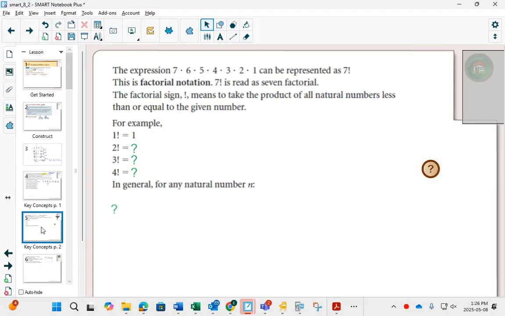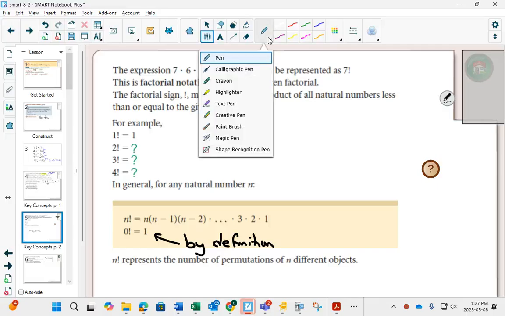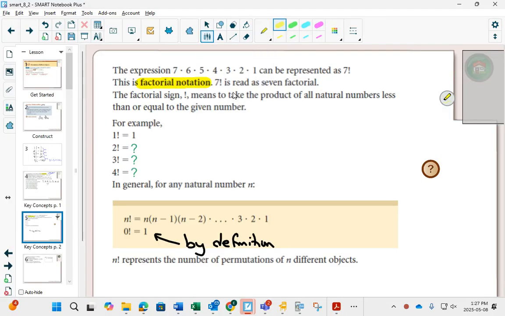And this is at the bottom of the page. Now 0 factorial doesn't make sense. Whole numbers make sense because factorial notation says whatever number you start with, you keep going down until you get to 1.